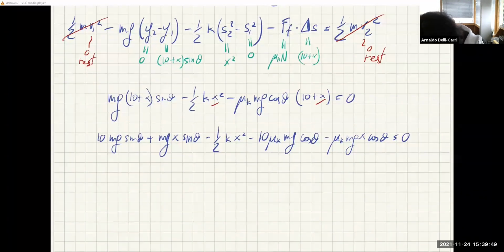And so I can just regroup. This is my x squared, this is my x, and these ones are my known terms.